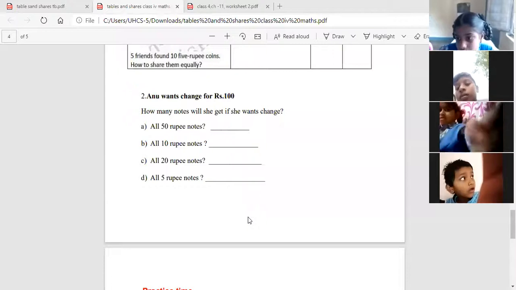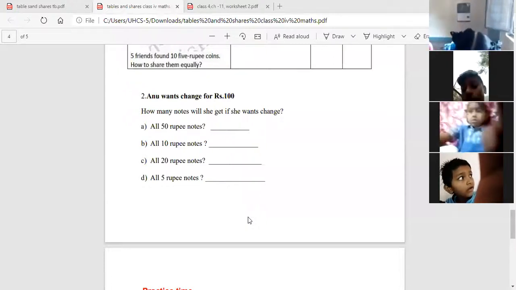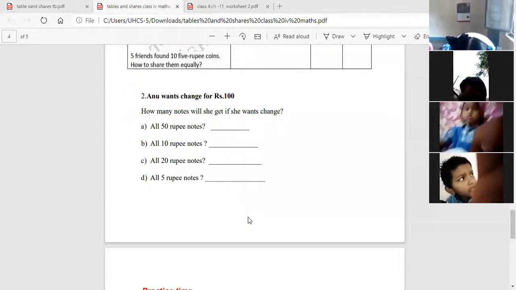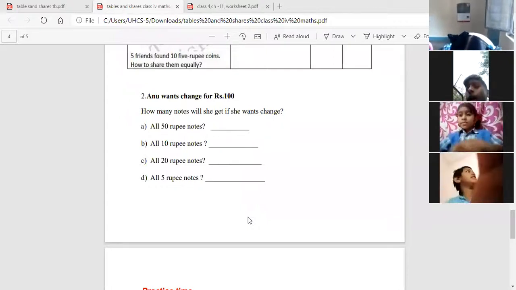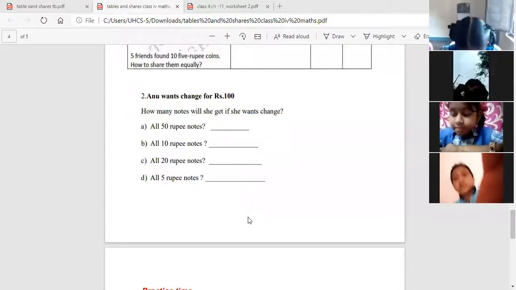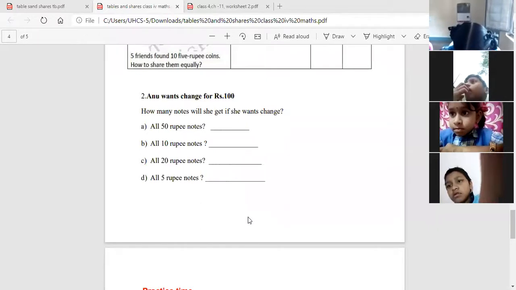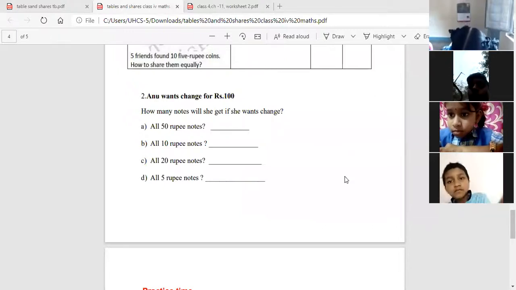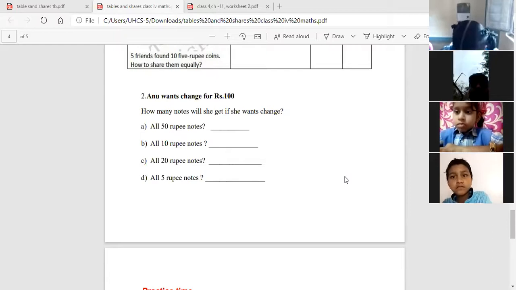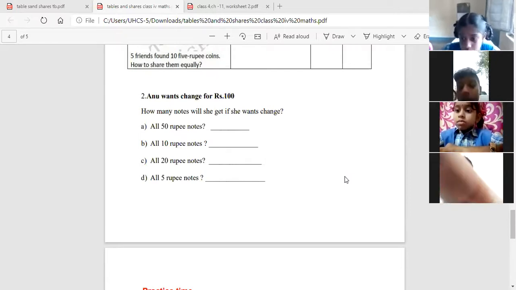Next one. How many 20 rupee notes will make 100? 100 divided by 20. So think.